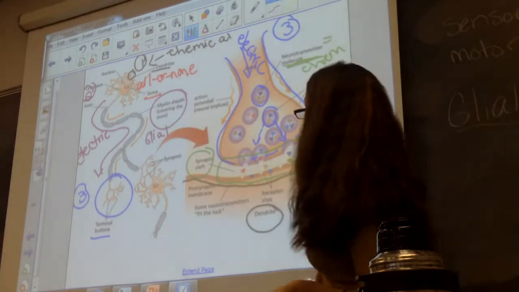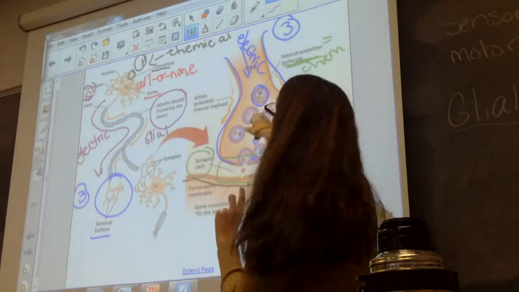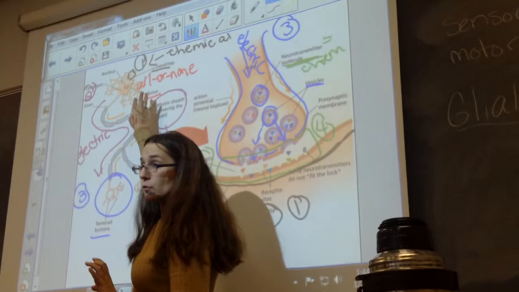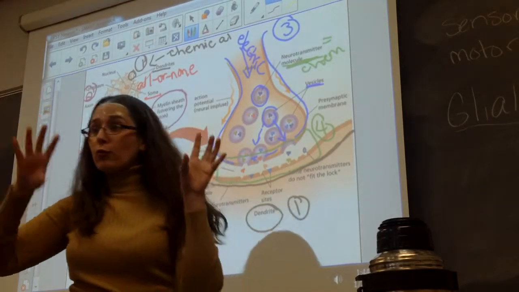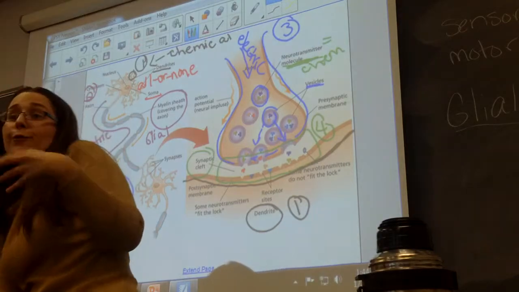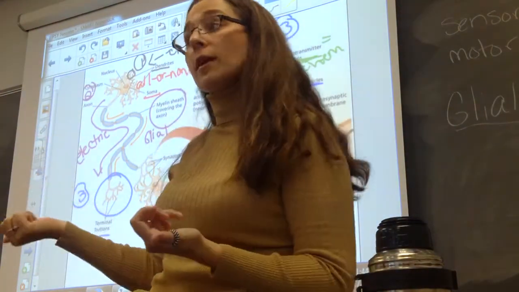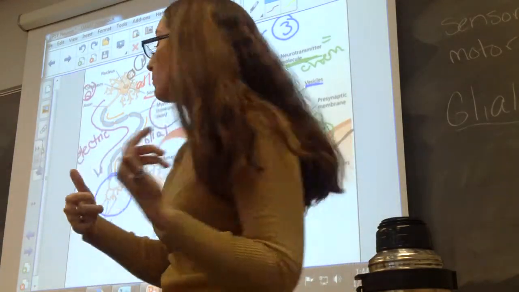So we're going to talk a little bit more about what's going on in the synaptic cleft, okay? But again, I want you to make sure that you're recognizing we're starting with chemicals. Those chemicals are triggering the all or none response to either say, hey, not enough chemicals or not the right kind of chemicals, so we're not going to do anything, or hey, yeah, we do want to continue this message, and so we're going to move into the action potential.